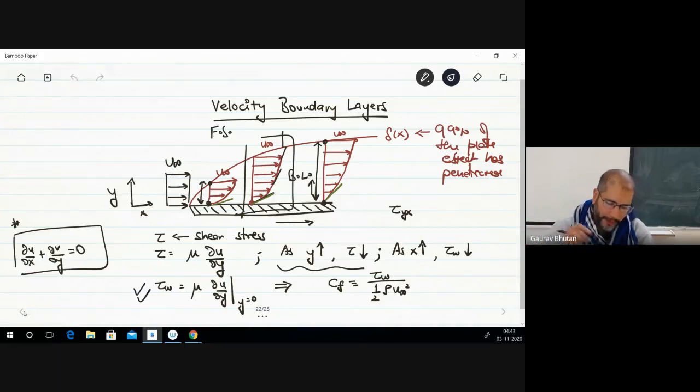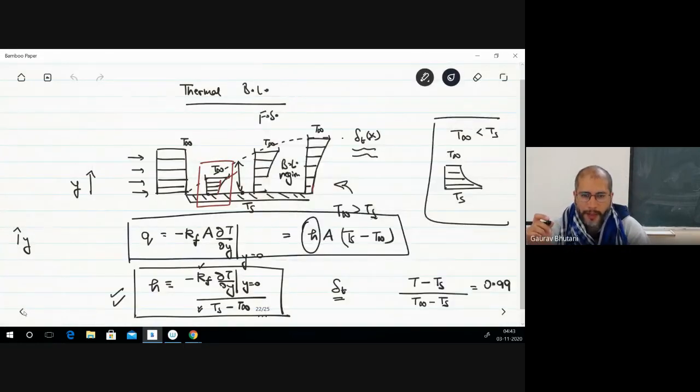Then we drew the same parallel for thermal boundary layers. So we said that as you have a velocity boundary layer, you have a thermal boundary layer as well. And again, since you have a boundary layer, that means the temperature varies from the plate temperature, that is Ts, the surface temperature, to T infinity, whichever is larger depending on the application.